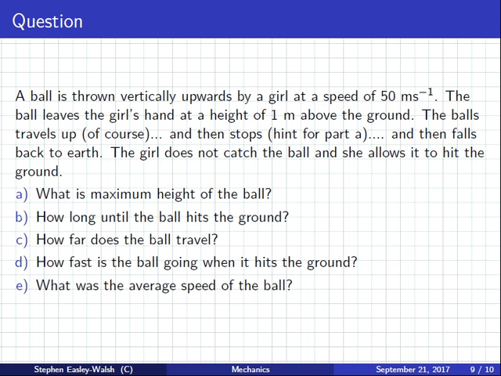Wait, she chose it at 15 meters a second. Wonder Woman. Wait. All of the question. You got the maximum height?